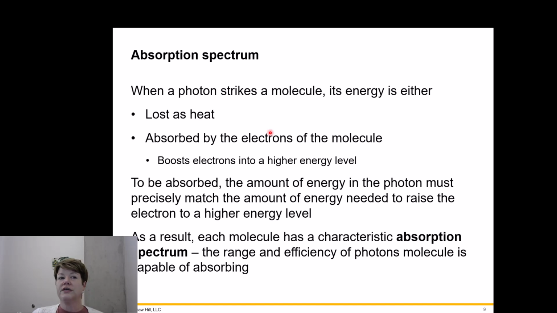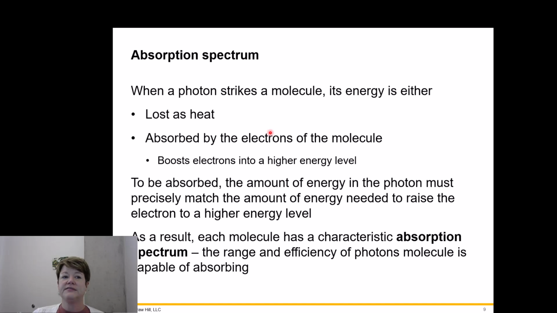So when we're talking about photosynthesis, what we're going to be talking about is the photon is going to hit a pigment molecule, and some of the electrons in the pigment molecule will absorb or get the energy from that photon. So you can say that the photon transfers its energy to those electrons, or you can say the electrons absorb the energy of the photon. There's a lot of ways to say it.